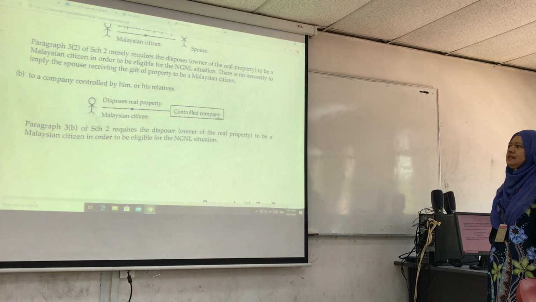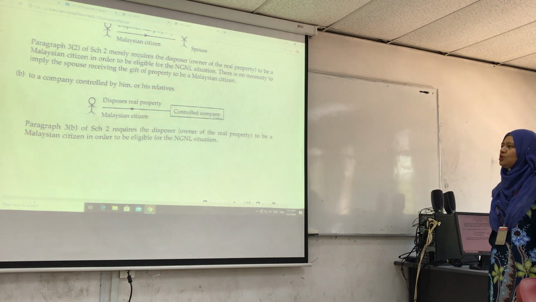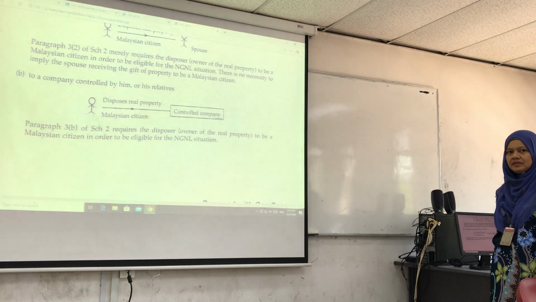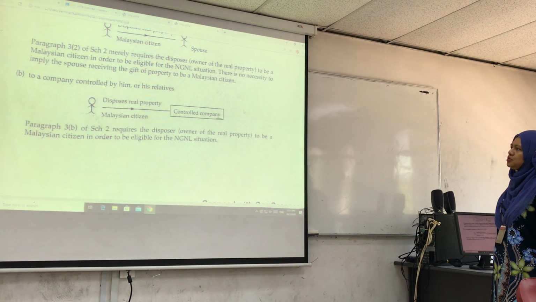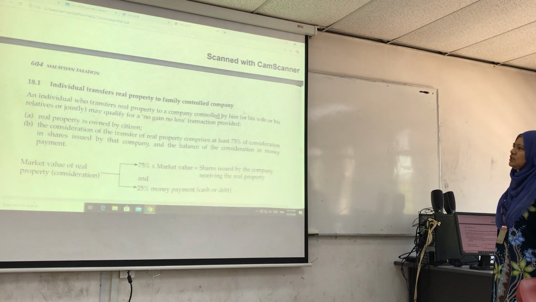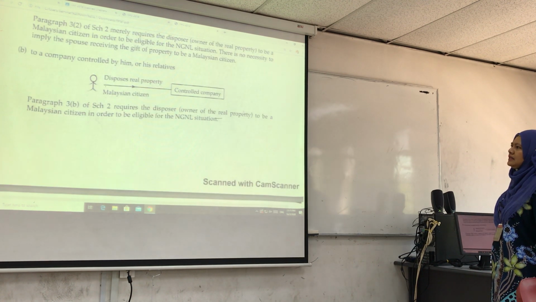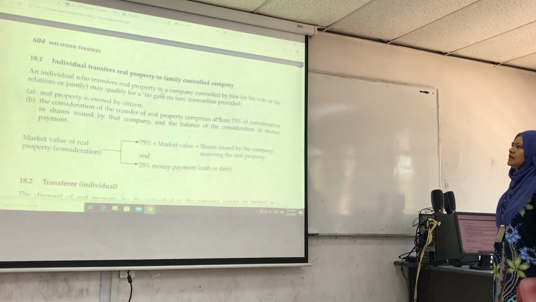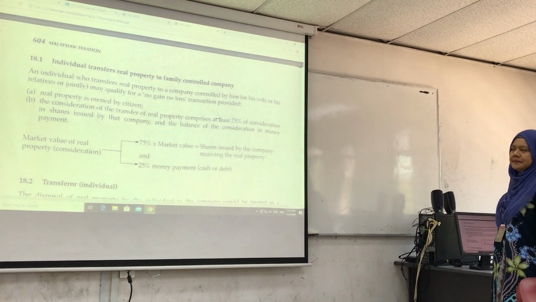And in this case, the disposer, the individual, is subject to no gain, no loss. It's good. But then later we have other issues, then we have to look into that in more detail. This is further expanded, the company controlling, expanded under individual transfer of real property to a family controlled company. Okay?